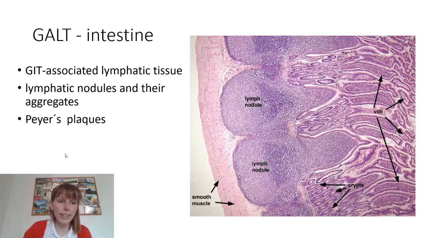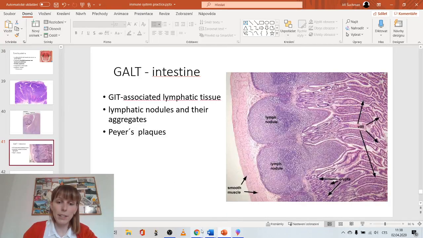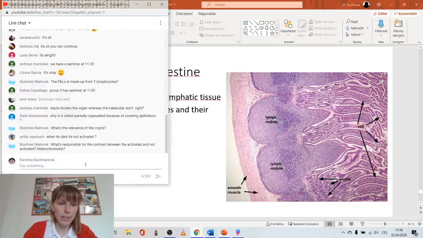And one example of this is where you have a large accumulation of these lymphatic nodules, and that's called Peyer's plaques or patches. So that's in the intestine, how it's called, when there's more of these aggregated lymphatic nodules in one place in the wall of the intestine.